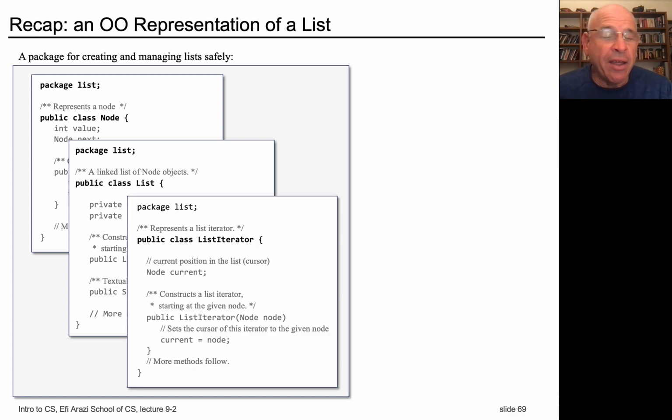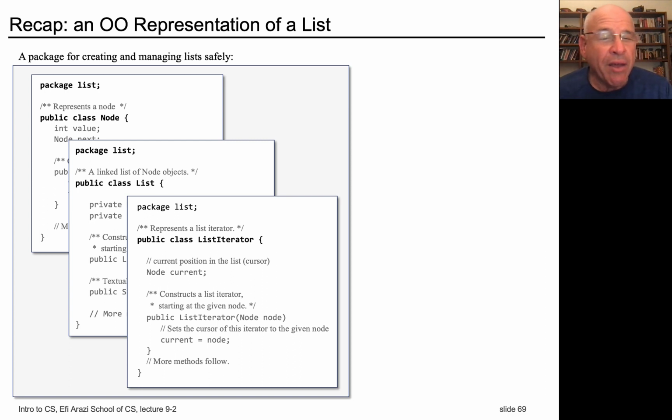And finally, we added a third useful class called list iterator that allows the client to process the list in ways which were not anticipated by the person who wrote the list class. The list class will include many methods, but maybe clients want to do other things and they have to iterate the list.